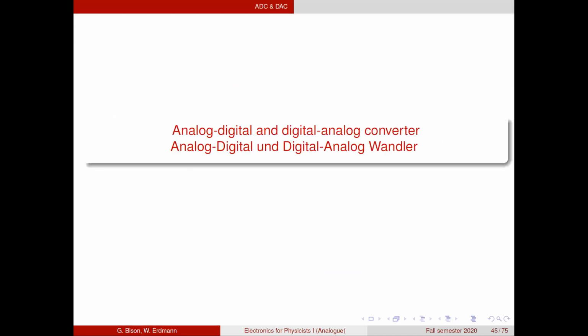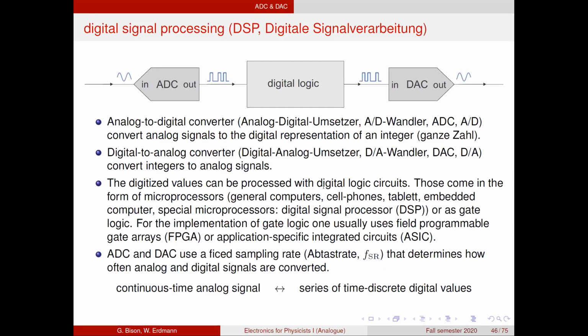Okay, so we move on to the next subject, and that's analog to digital and digital to analog converters. Basically, they are the interfaces between digital logic and analog signals. If you want to get an analog signal into the digital domain, you need an analog to digital converter. And if you want to get out of the digital domain into analog signals, you need a digital to analog converter.